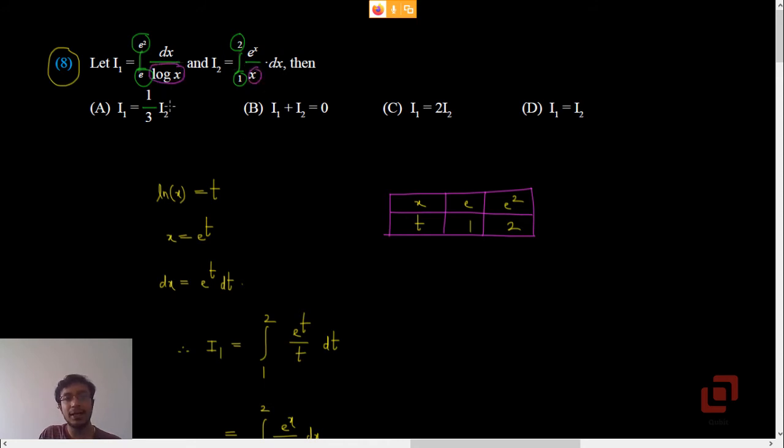So you may think that the substitution log of x equal to t will work, isn't it? Yes. So if the substitution log of x equal to t is made, then x will be e to the power t, and dx will be e to the power t dt. And more importantly, this substitution will also make the limits on the first integral as 1 and 2. Let's check.